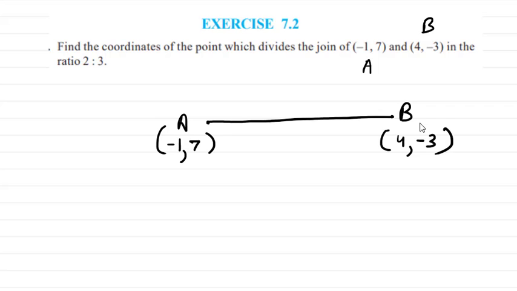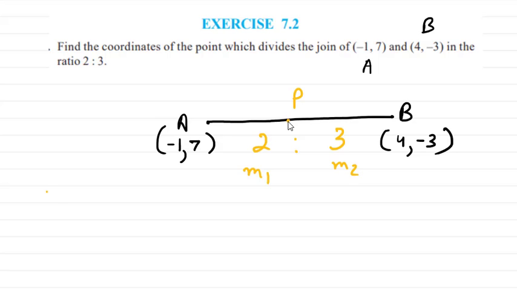We need to find the coordinates of point P, which divides this line in the ratio 2 : 3. So here this 2 will be our m1, and this 3 will be our m2.